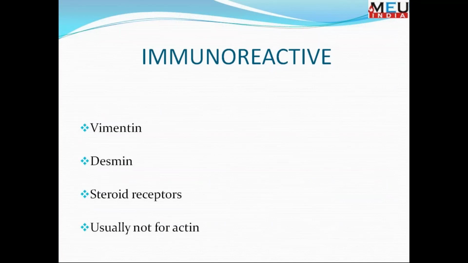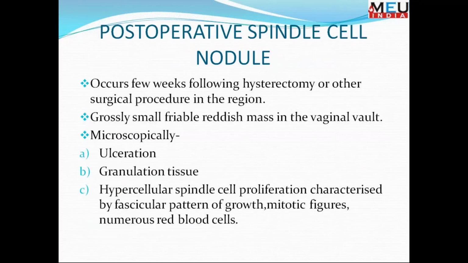It is immunoreactive with vimentin, desmin, steroid receptors, and usually not for actin. The post-operative spindle cell nodule occurs in a few weeks following hysterectomy or other surgical procedures in the region, and grossly it presents as a small friable reddish mass in the vaginal vault.